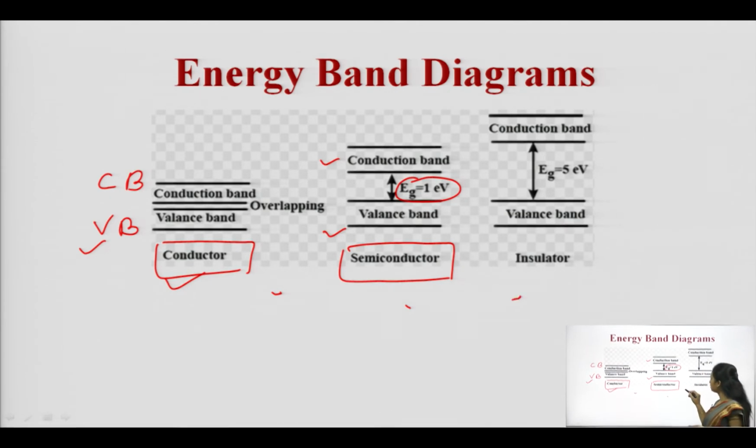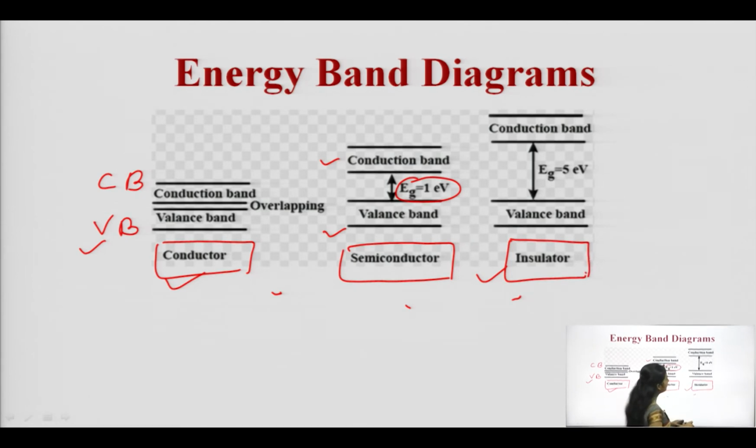Let us discuss the third case, which is about the insulator. In case of insulator, you can see this forbidden gap, this is 5 electron volt. It means the electrons which are available in the valence band require energy which is more than this 5 electron volt, then these electrons will participate in the conduction process.